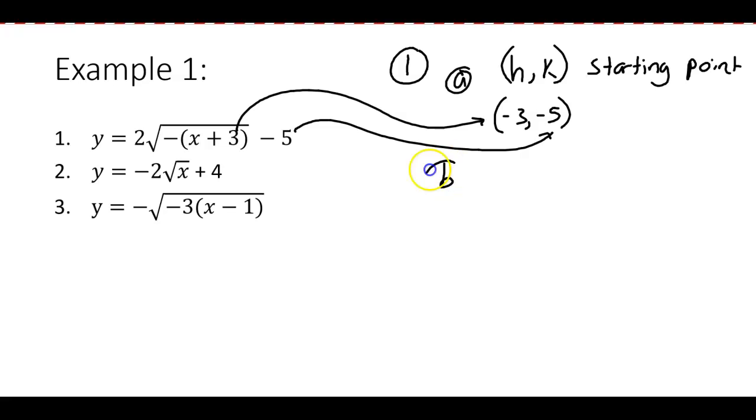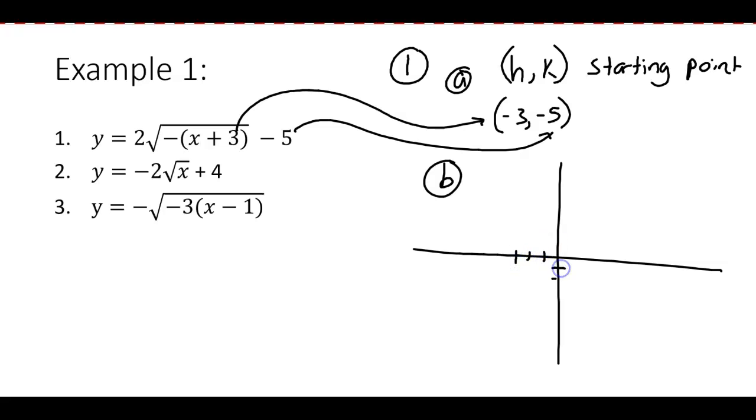So part B, we're ready to graph this and get our direction down. Let's start by plotting our starting point, negative 3, negative 5. Now, what's the A value here? Is it positive A or negative A? Positive A. I agree. The A is positive.